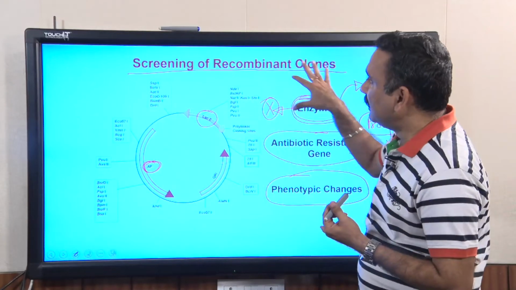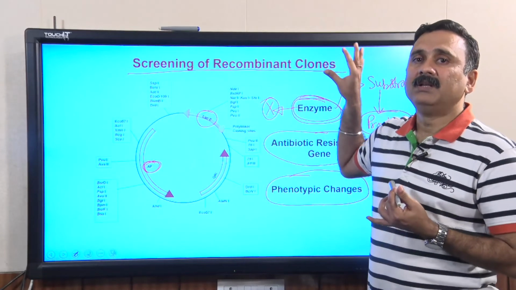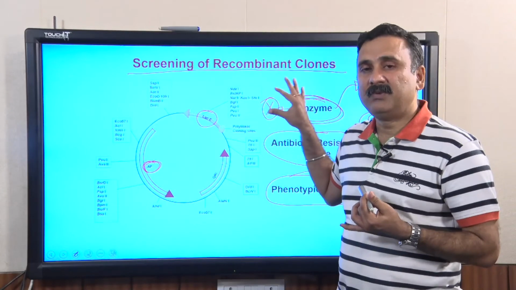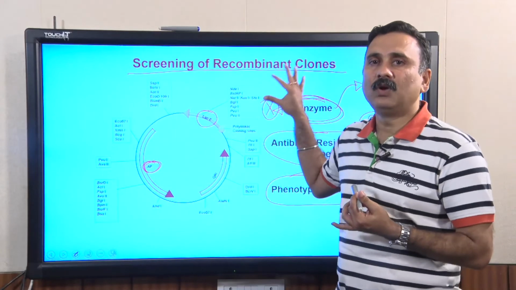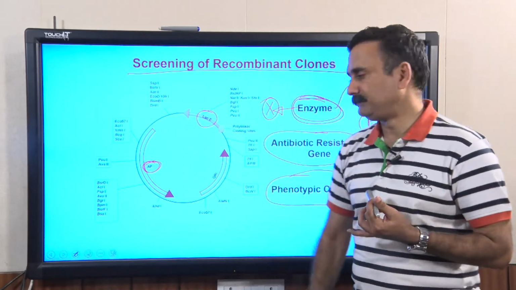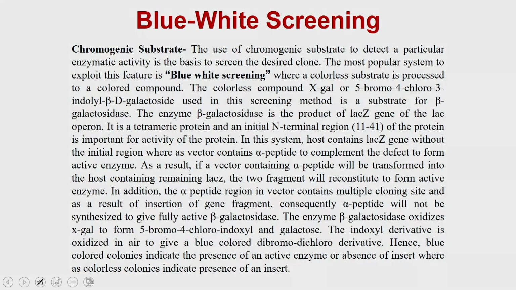All these strategies can be used to screen the recombinant clone after the transformation or the transfection. Once you deliver the DNA, you can use all these approaches to screen the molecules. The first approach is to use the chromogenic substrate of a typical enzyme.